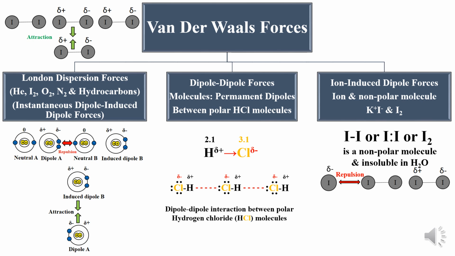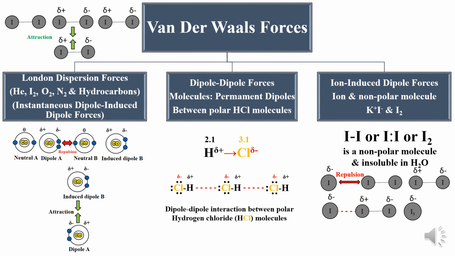And this induces a dipole in the neighboring nonpolar iodine molecule. And as a result, there is a weak interaction or attraction between the negatively charged iodide ion and the iodine atom bearing a positive charge in the neighboring iodine molecule with a dipole. And this leads to the formation of a complex triiodide ion.